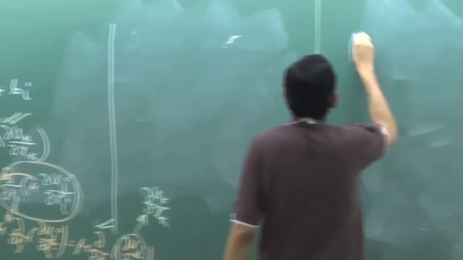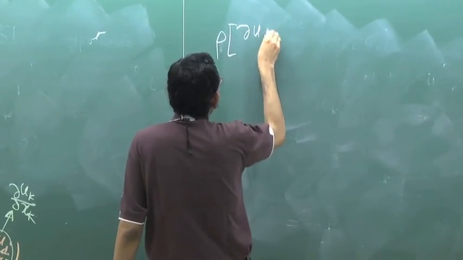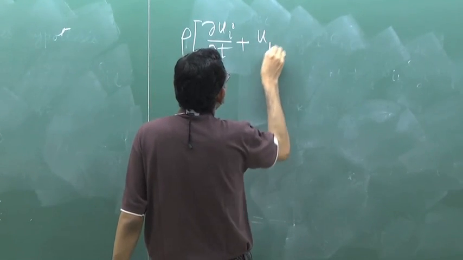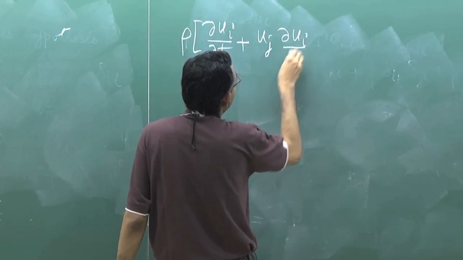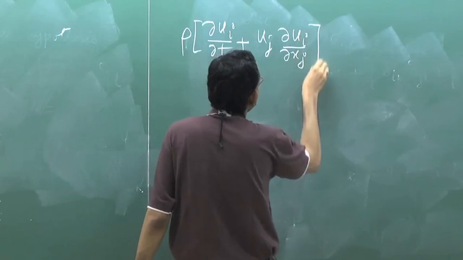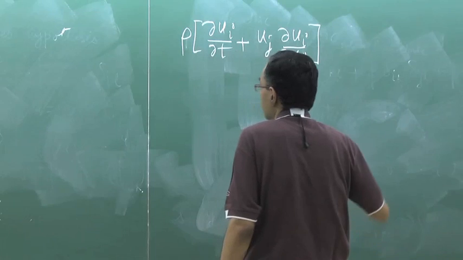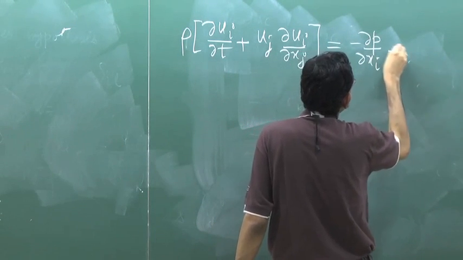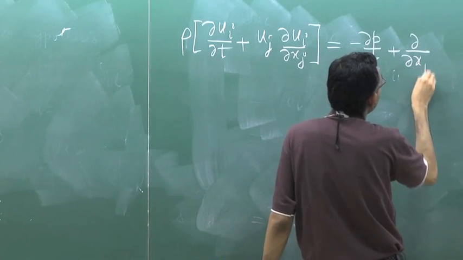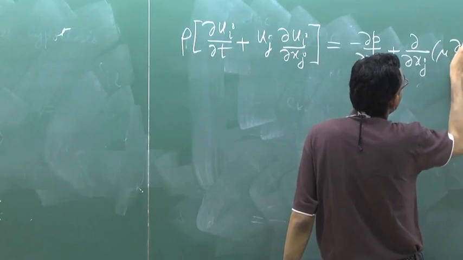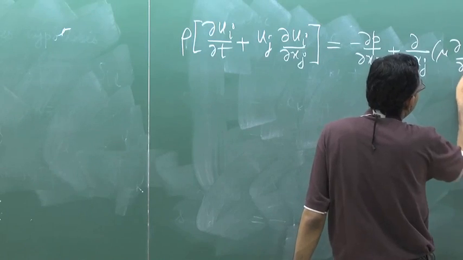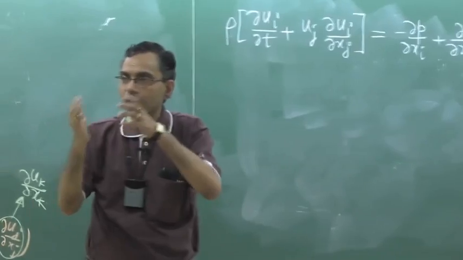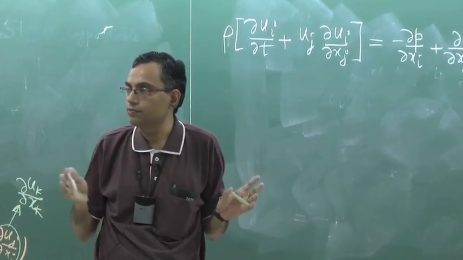So rho del ui del t plus uj del ui del xj, and because lambda and mu are not position dependent, we can take them out and inside the derivative without any problem.